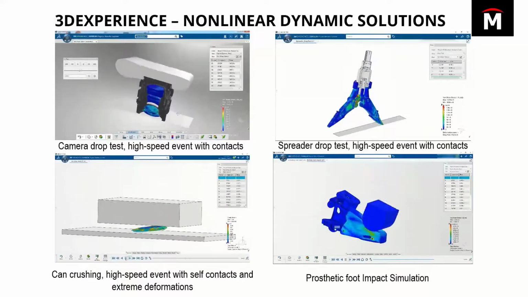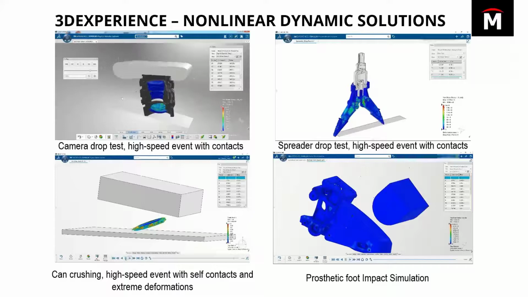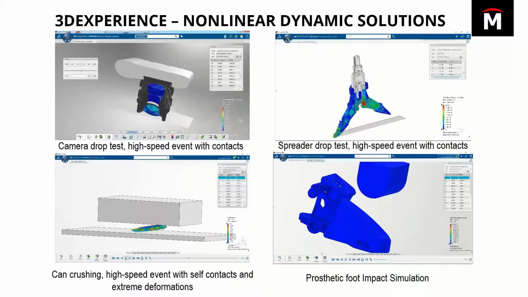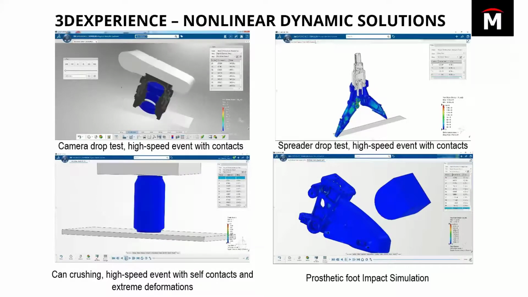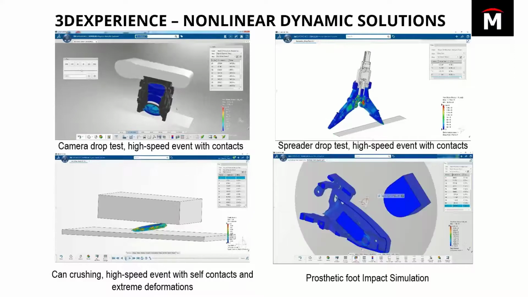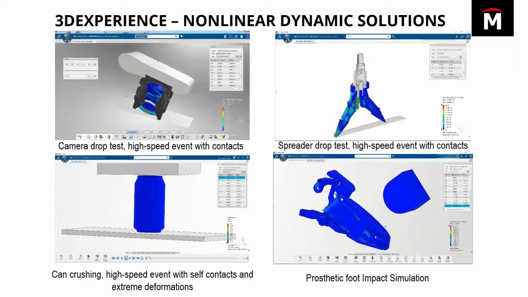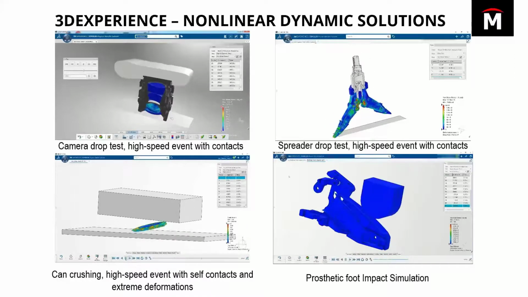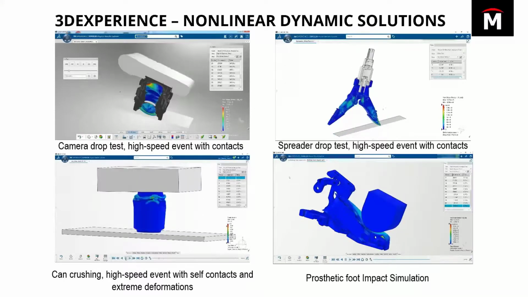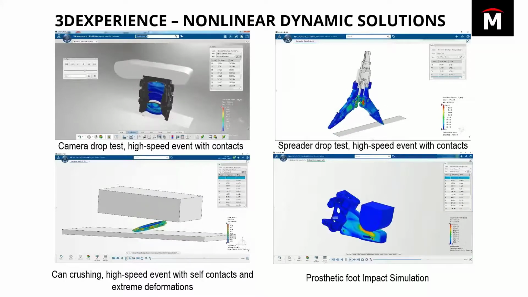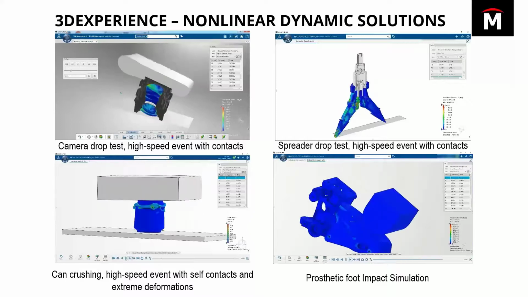Now, as far as nonlinear dynamic solutions, this would be available in the Mechanics Engineer role. We can really compensate for high speed events that have extreme deformations or very complicated contacts, even self contacts, as in the case of the can crushing.